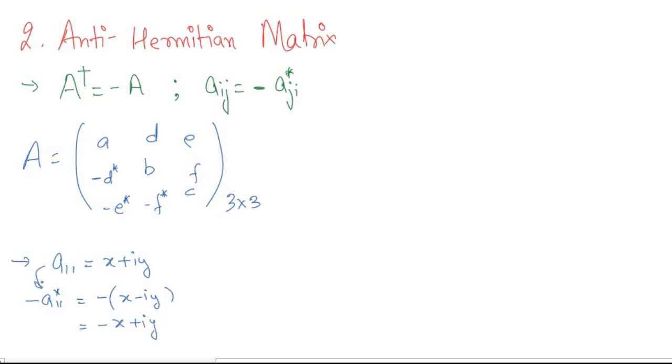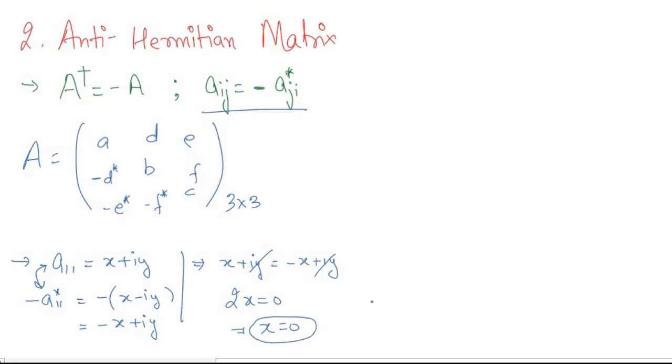I am saying that these two are equal from this definition. So x plus iy is equal to minus x plus iy. The iy cancels out, so 2x is equal to 0, which implies that x is equal to 0.